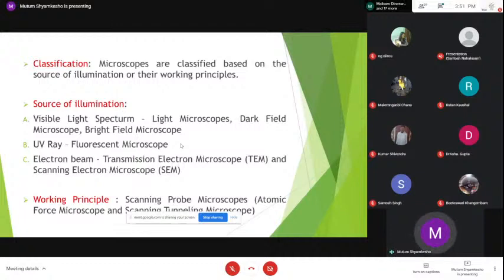In the case of the electron microscopes, there are two types: the transmission electron microscope and the scanning electron microscope. In TEM, the image is formed by the transmitted electrons, which transmit through the specimen, which is usually very, very thin, as electrons have very low penetrating power.